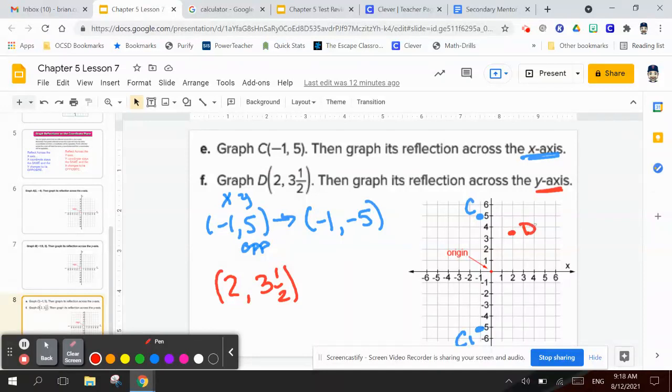So there's D. Now I've got to reflect that across the y-axis. So y stays the same, and x changes to its opposite. The opposite of 2 is -2. Notice it's the same number, we just put the sign in front. So I start at 0, I go over to -2, up 3.5, and there's D1.